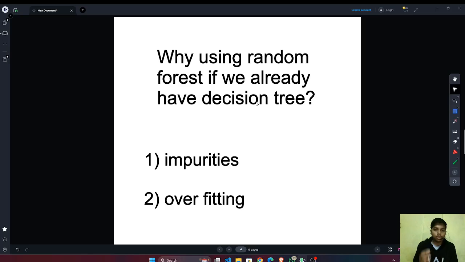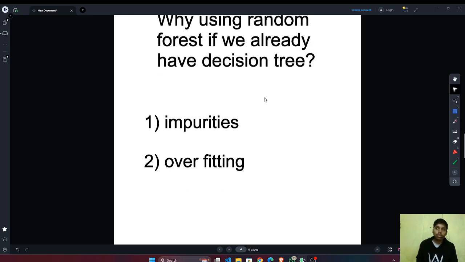So to solve these two problems, we introduce random forest. Now the question arises: how does random forest solve these things? For impurities, random forest basically takes data from multiple decision trees. So even if there are impurities, they get minimized and accuracy increases.